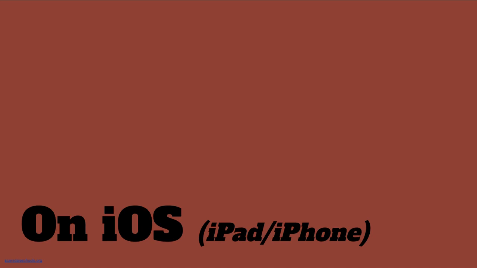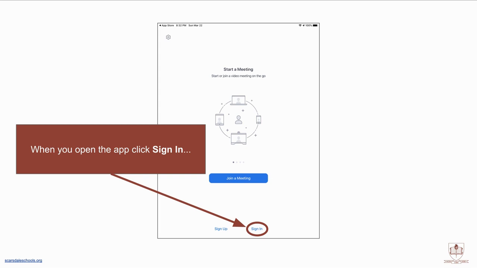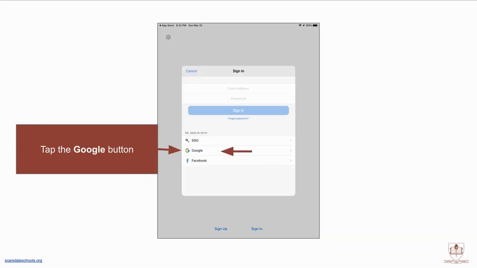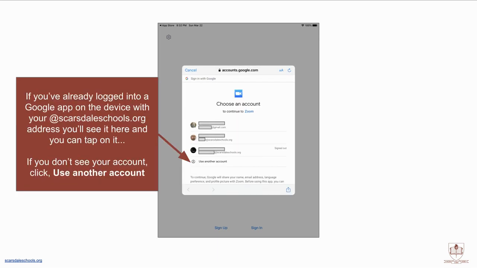On an iOS device, which is an iPad or an iPhone, it's very similar. Zoom Cloud Meetings is the app that will need to be downloaded and installed. When it opens up, click the sign in button, sign in with Google. It will ask you if you want to sign in, you tap continue. If there are other Google accounts already installed on the device, the app will recognize that those are already on the device and they will show them to you.